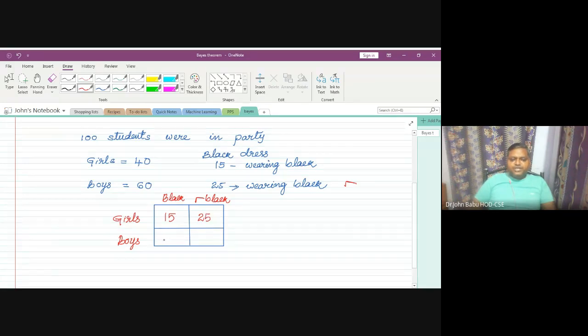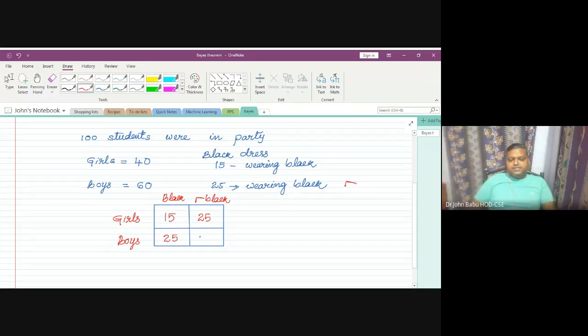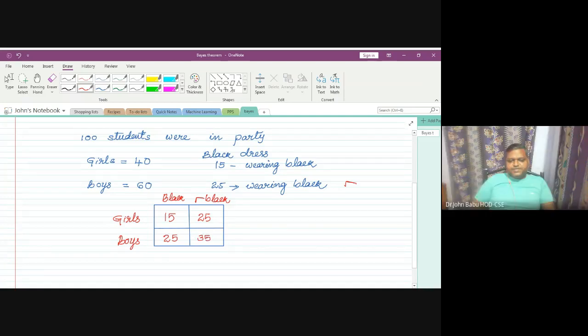How many boys are wearing black? 25. And how many boys are not wearing black? 35. If you total, it will be 40 and 60, and the total is 100 students.